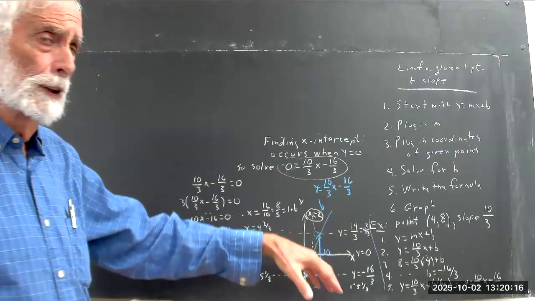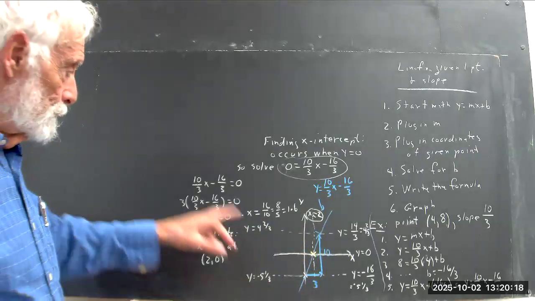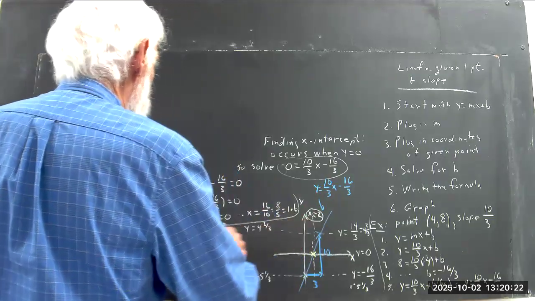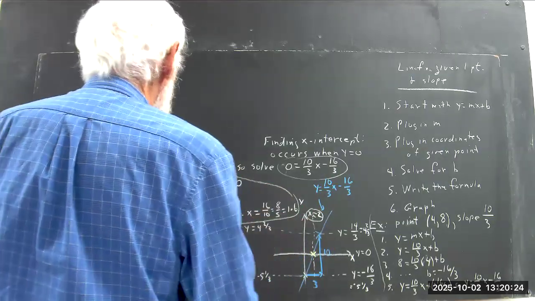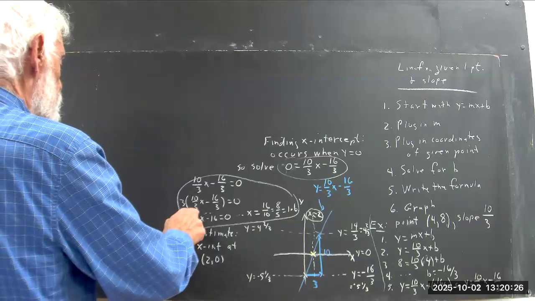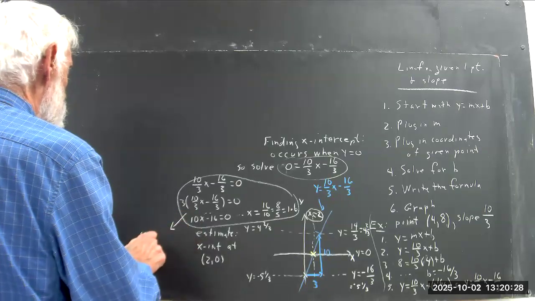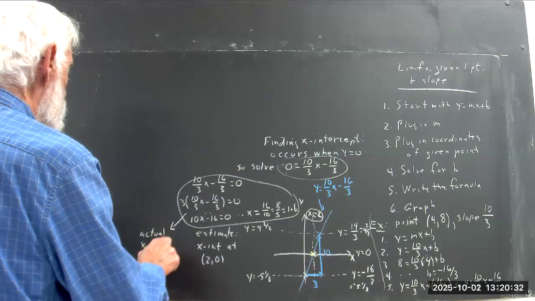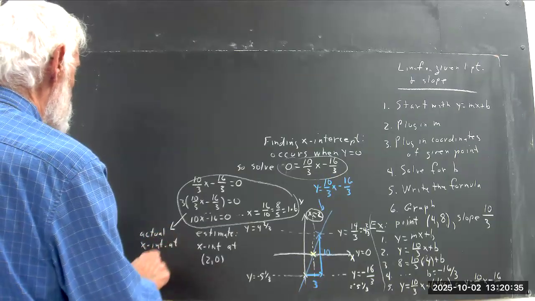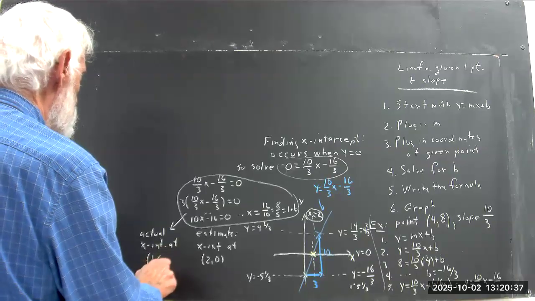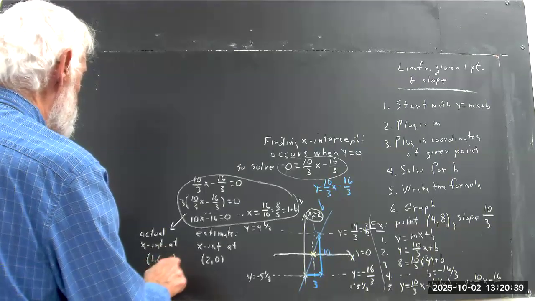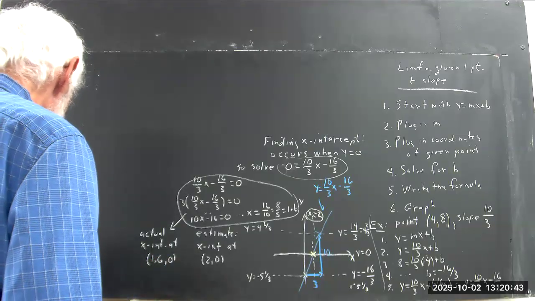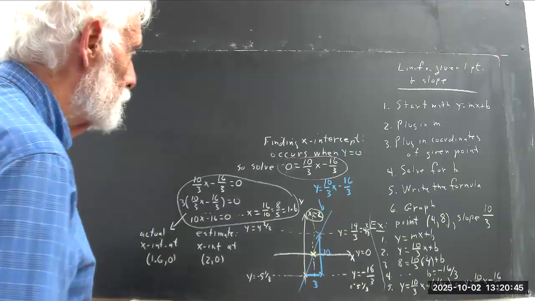It just looks wrong from this angle. The actual x-intercept would be at 1.6, 0. Fair enough?